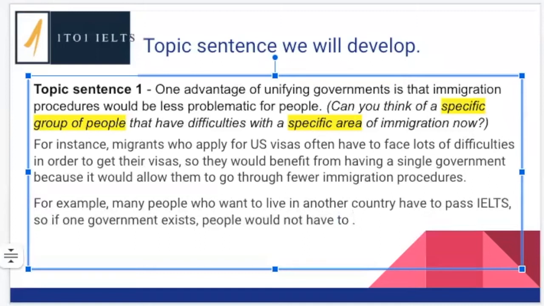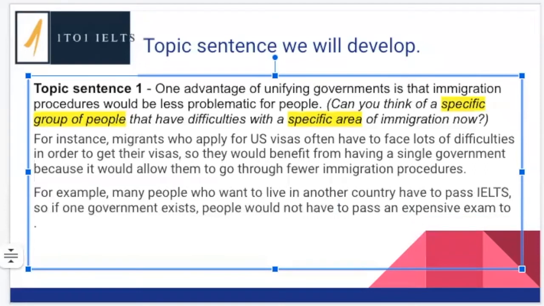They would not have to pass an expensive exam to do what? Why would they not have to pass an expensive exam? To apply for a visa. So now we're being a lot more specific and everything's connecting together.